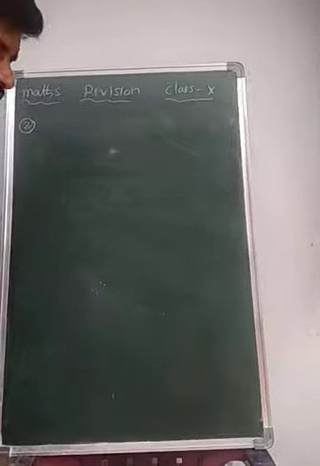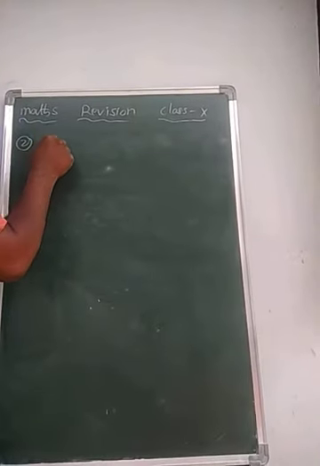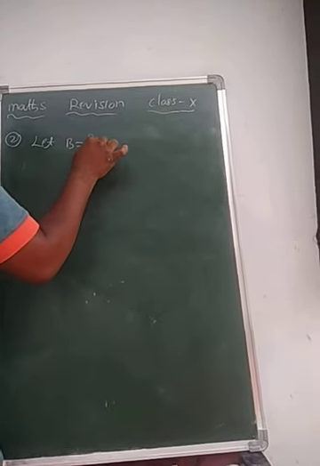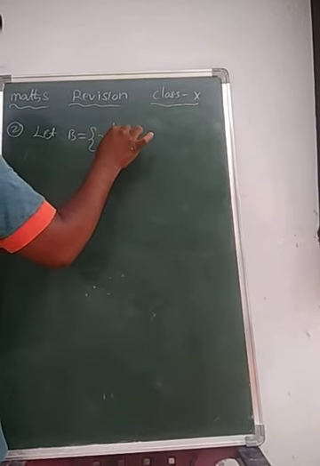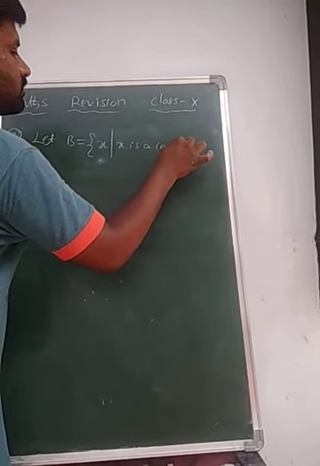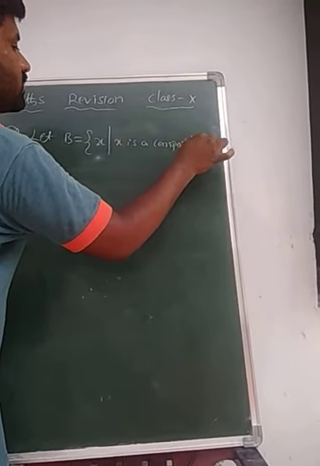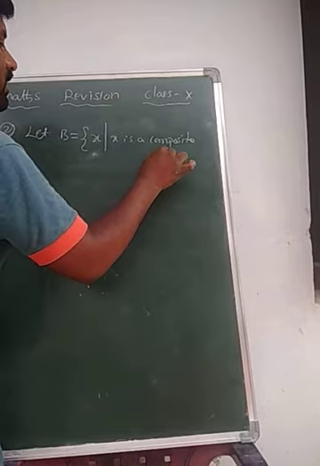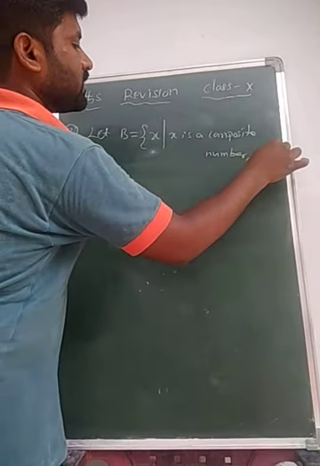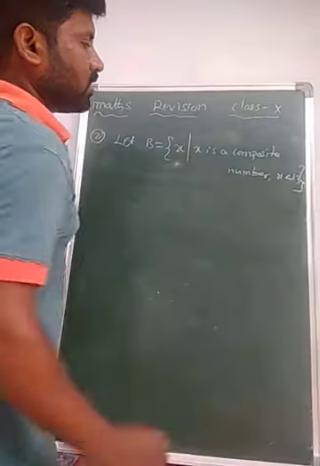Now the second question: let B is equal to x such that x is a composite number, x less than 13. Okay, Nana?